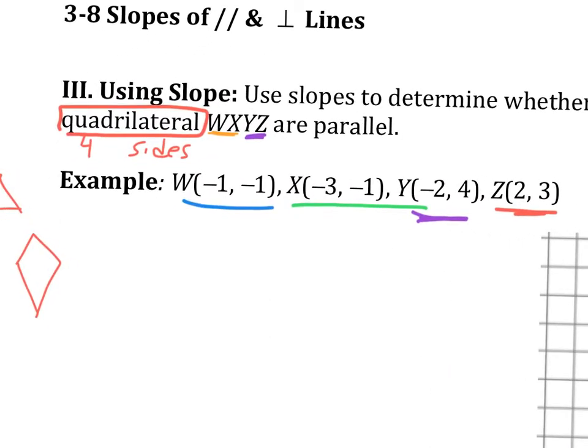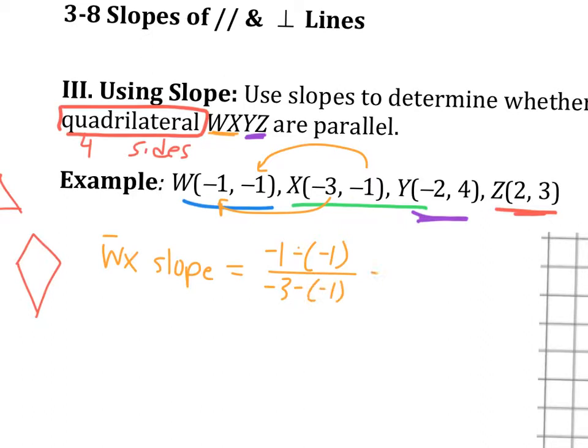So the slope of WX is equal to this. Remember, I do my subtraction there. -1 minus a -1, all over -3 minus a -1. So notice I get 0.